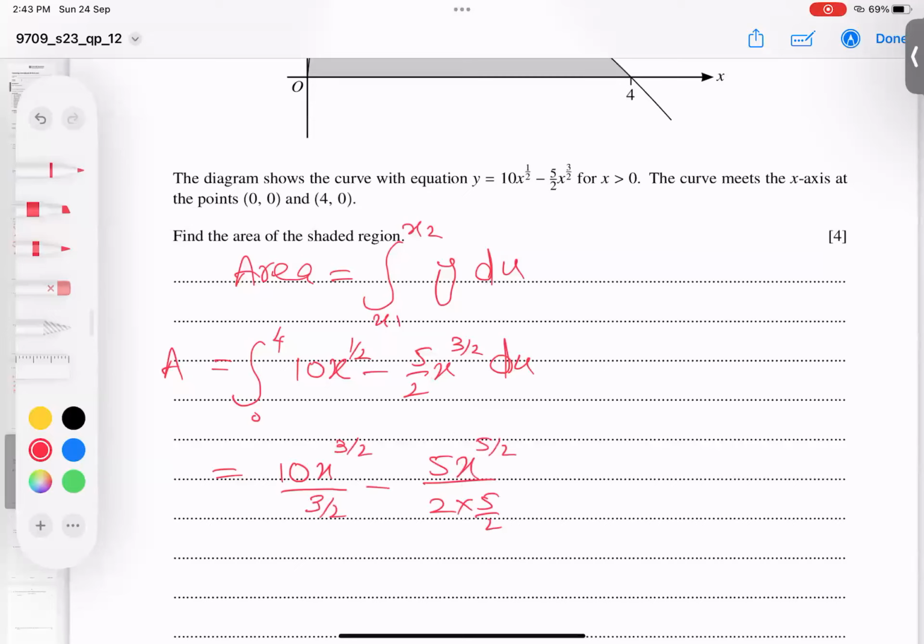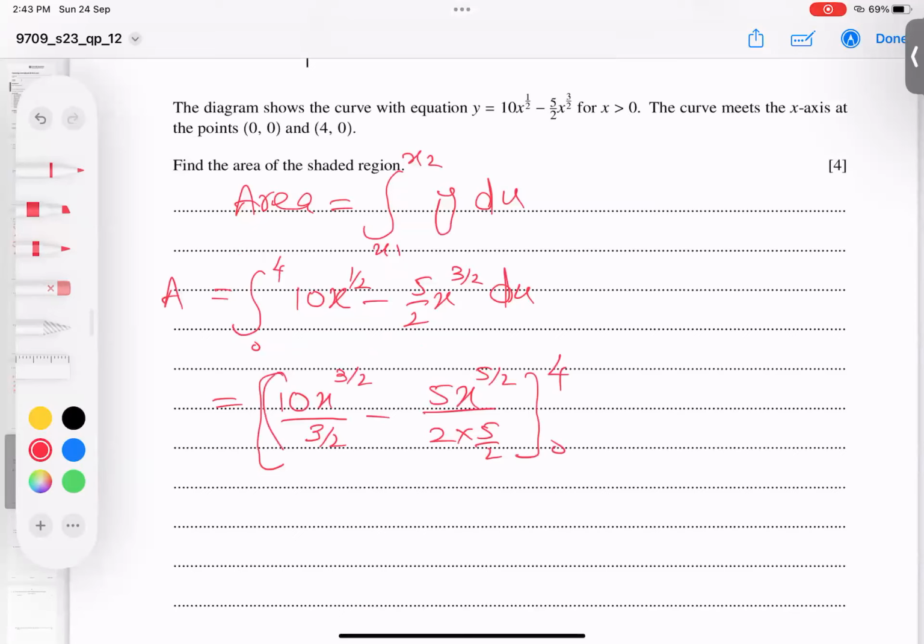And you have to write the lower limit and upper limit, 0 to 4. If you're getting confused with these numbers, you can type them directly in the calculator. This 2 goes, always 20 by 3. So it comes to 20 by 3, and the best idea is to simplify as much as possible.